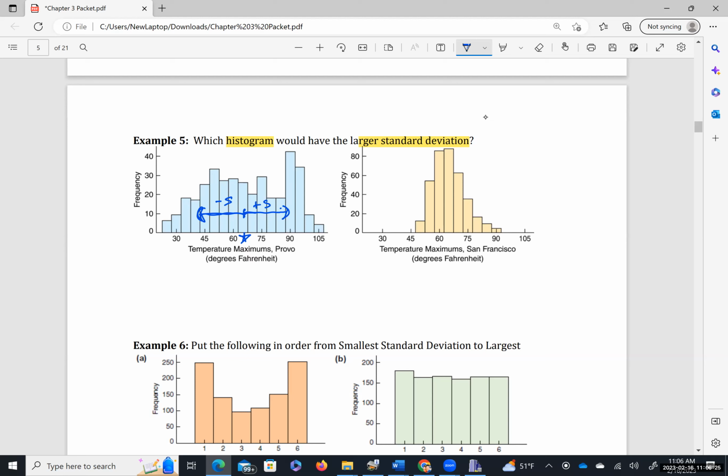That's going to be about 68% of all the data.